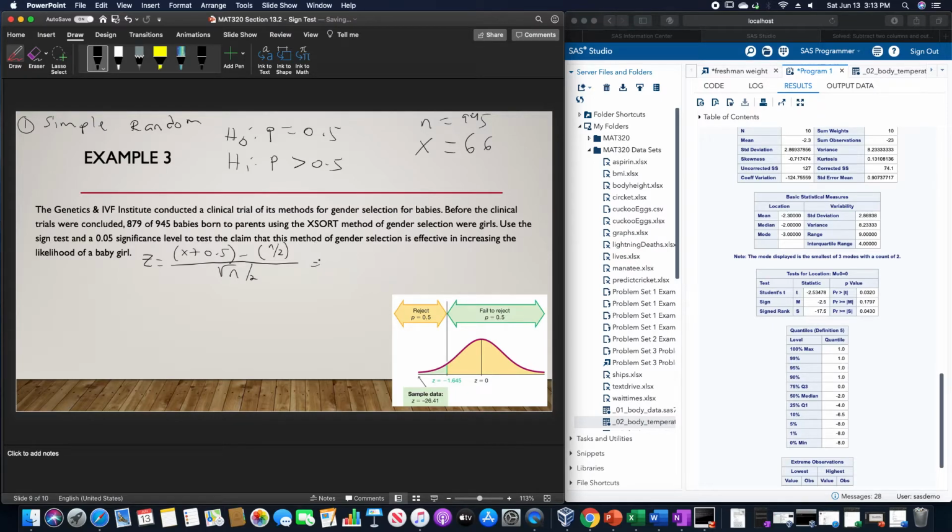In this case, that is 66 plus 0.5 minus 945 over 2, divided by the square root of 945 divided by 2. Tossing this expression into a calculator would give us an answer of negative 26.41.